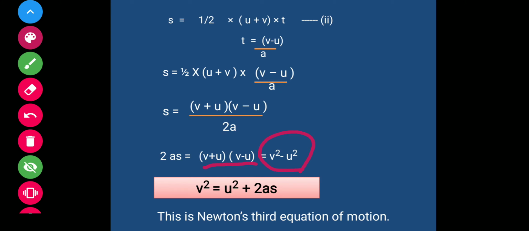So this minus u square will shift on this side, so minus becomes plus. I'll write these steps. This minus u square will shift on this side, so it will become plus. So what do we get?